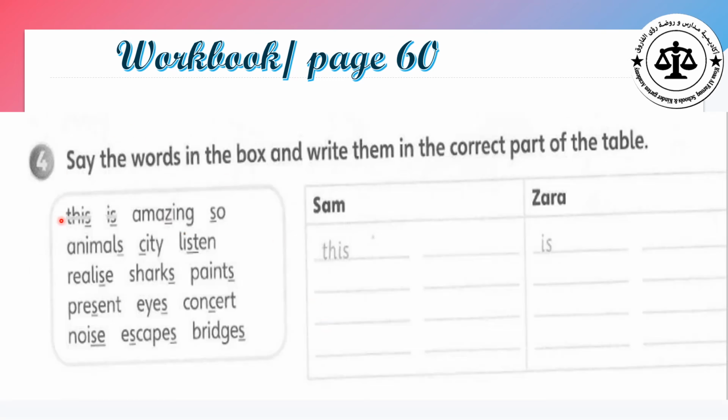The last question in our class for today. Say the words in the box and write them in the correct part of the table. Sam, Zara. Here the column of the S sound and here the column of Z sound. We want to classify these words with the correct column here. Amazing.